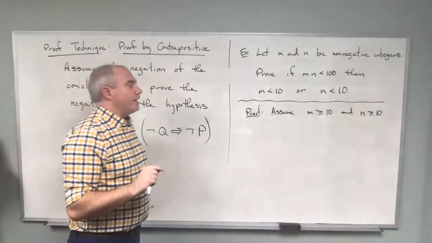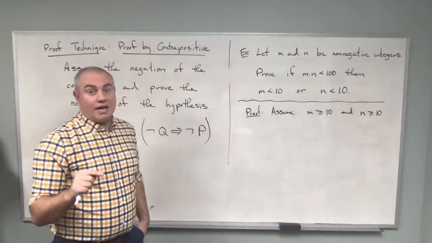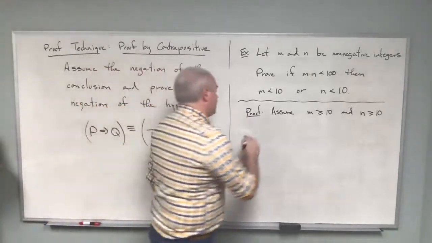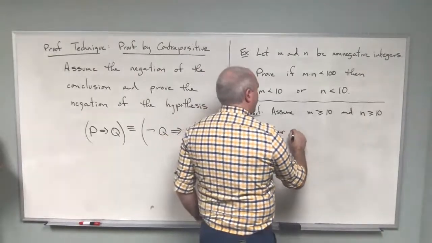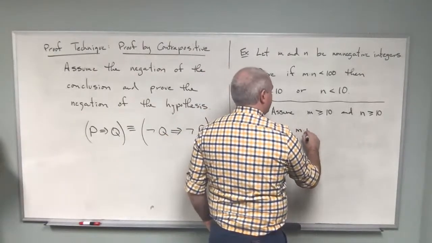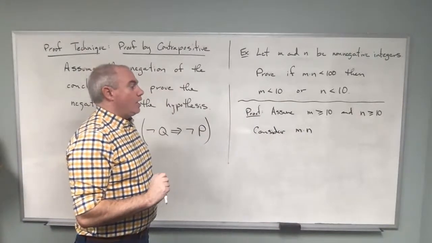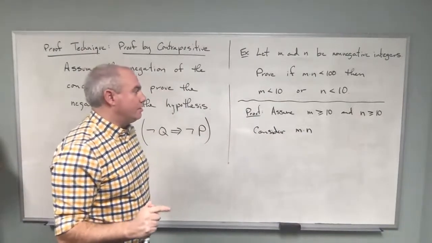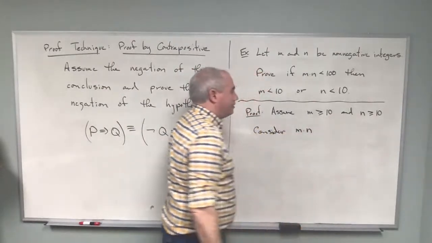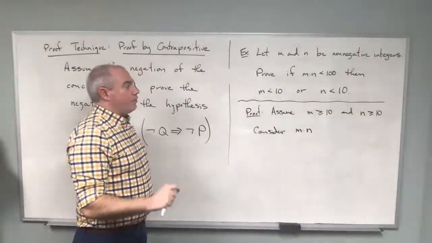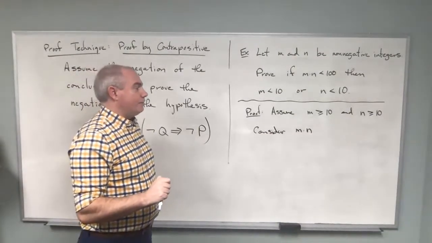Now let's consider the value M times N. We know that M is bigger than or equal to 10, and we also know that N is bigger than or equal to 10.